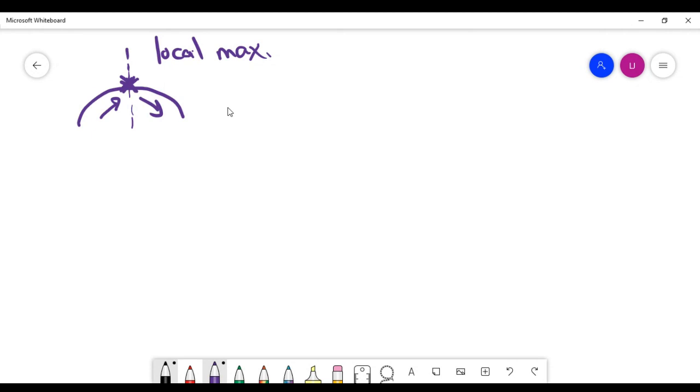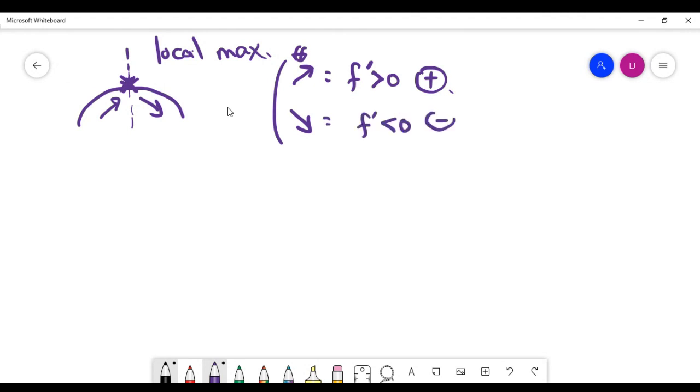Please think about this fact. When you're going up, the f prime is the slope of the tangent line, and for any increasing tangent, the f prime is positive. And similarly, when you are going downward, the f prime is negative.